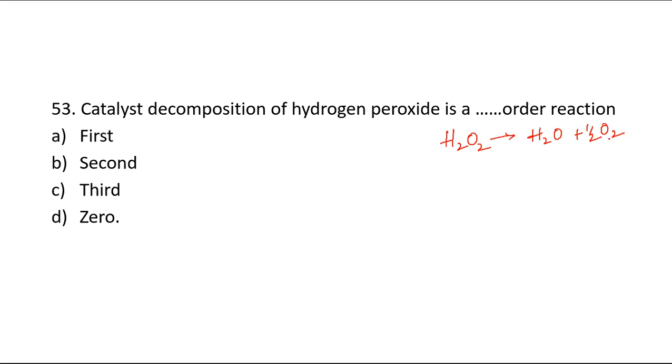This is a balanced chemical equation, and the rate of the reaction can be written as R is equal to K into [H2O2], where K is the proportionality constant, that is the rate constant. Since we do not have any stoichiometric coefficient here, R is directly related to H2O2, so this is first order. Okay. Do you understand?